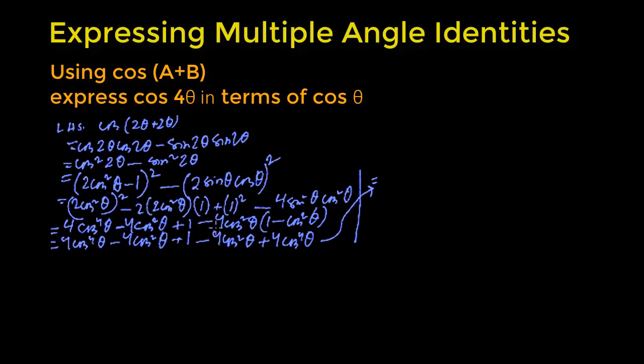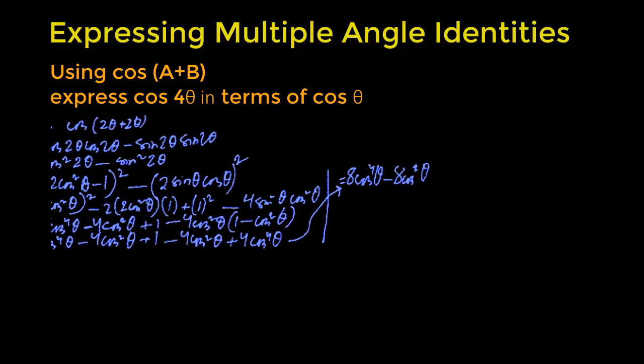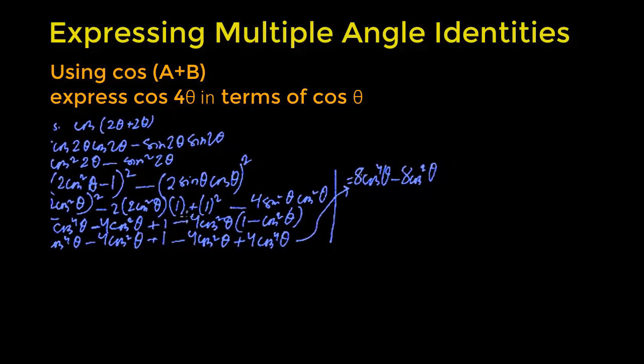So 4 cos to the power 4 θ plus 4 cos to the power 4 θ, 4 plus 4 is 8 cos to the power 4 θ, and we are going to get minus 4 cos square θ minus 4 cos square θ, which is minus 8 cos square θ, and finally there is a plus 1. So therefore the left hand side is equal to the right hand side.